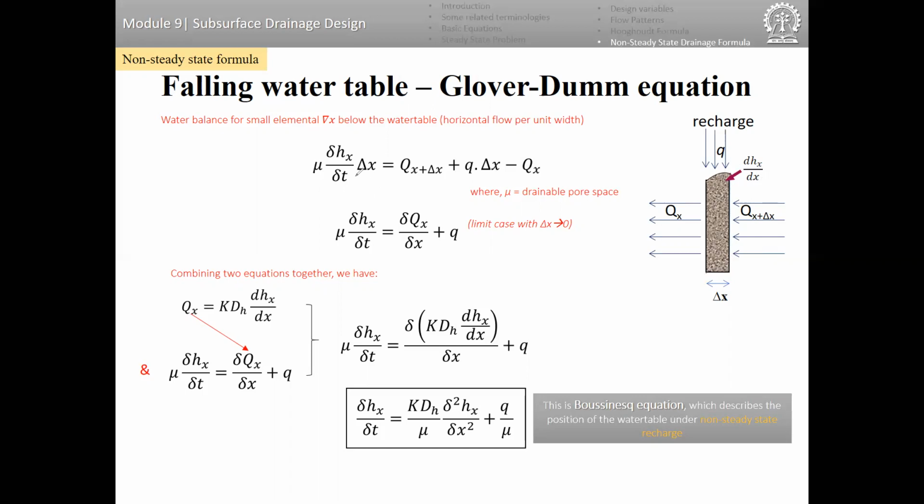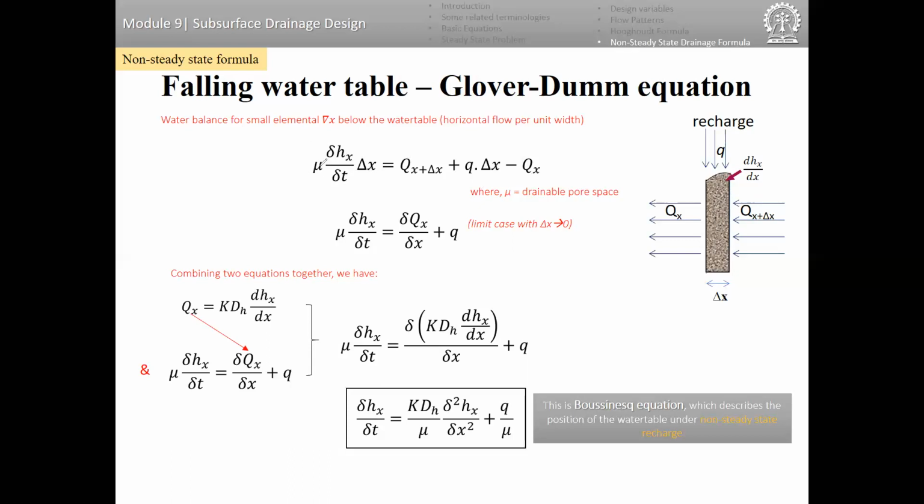Remember, we are talking about the non-steady behavior. Between time t2 minus t1, the horizontal head is changing, so dHx by dt multiplied by this delta x in this column is how the head is falling with respect to time. Remember, this is porous material, so we have to take care of the drainable pore space, multiplied by drainable porosity.